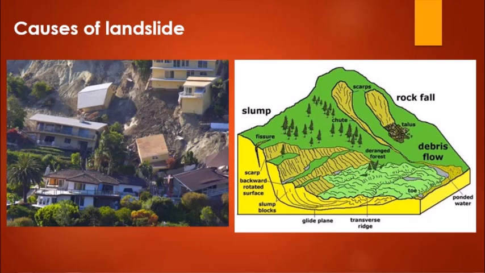We cut down the trees, and the soil loosens up, causing soil erosion. If the plants are there, the soil is attached to the roots. But if there is deforestation, the soil is not attached to the roots, and the loosened soil will flow, and this will cause what? It will cause landslide.